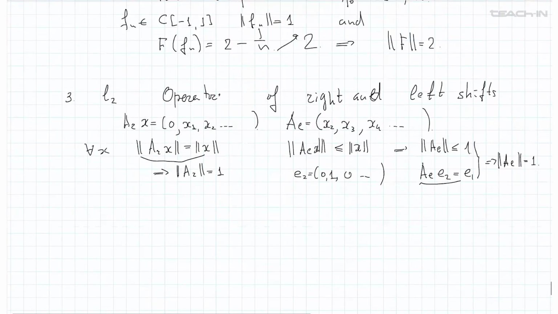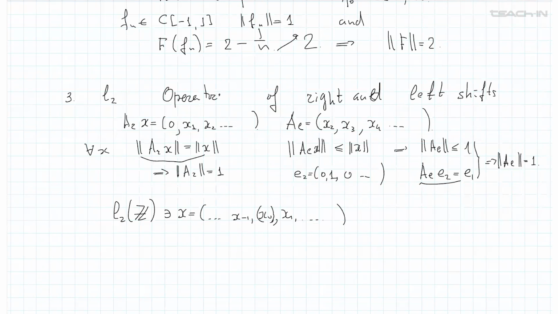The fourth example. In quantum mechanics, this operator is considered in so-called L2Z, two-sided L2. If x belongs to L2Z, it is infinite to both sides: x minus 1, x0, x1, and so on. And I take brackets in order to mark the center of this sequence.